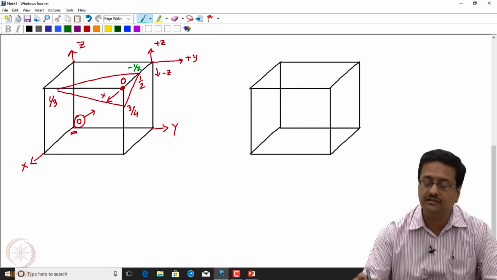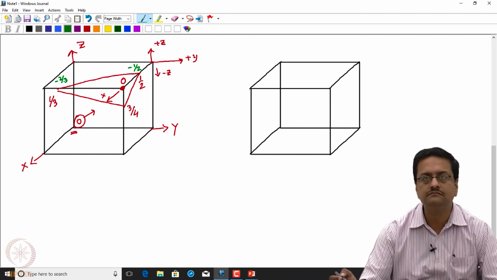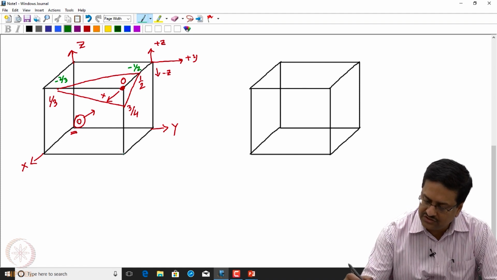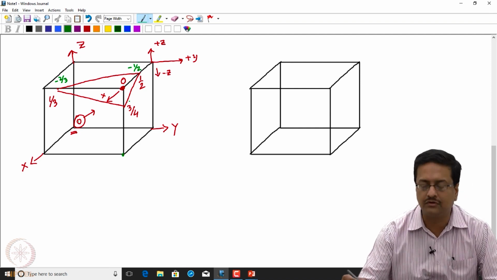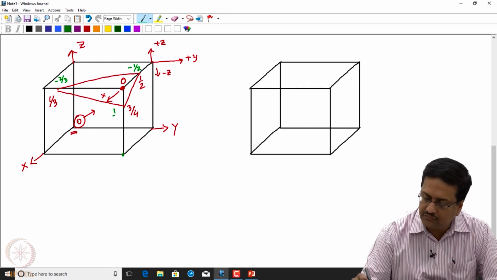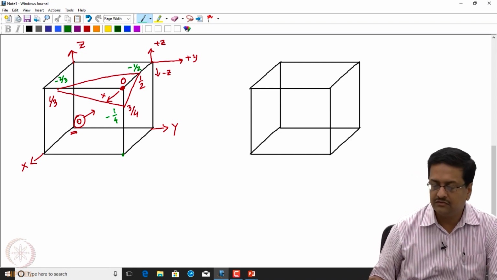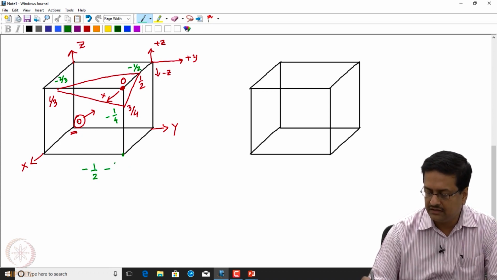Now this becomes minus 2/3, and the z intercept, which was 3/4 with respect to that origin, is measured from the bottommost position here to that point there. So this was 3/4. That means now it has become 1/4 with a negative sign because it is downwards. So the new intercepts with the new origin are minus half, minus 2/3, and minus 1/4.